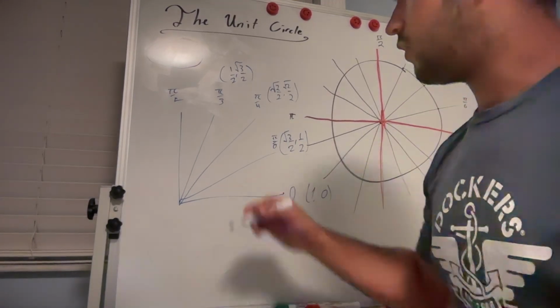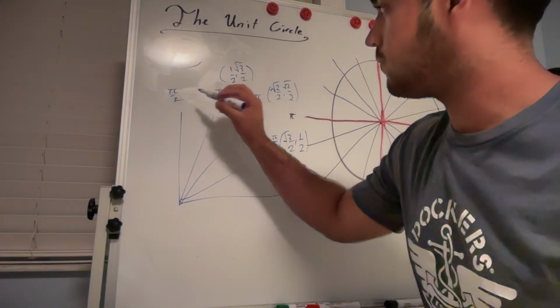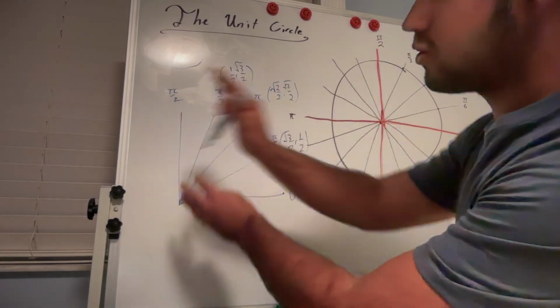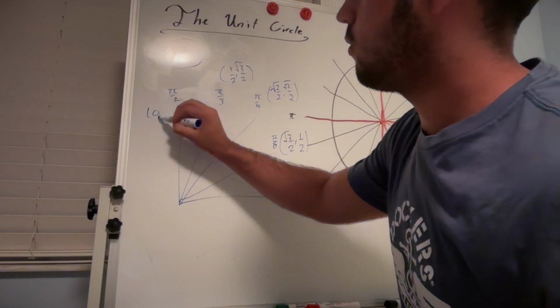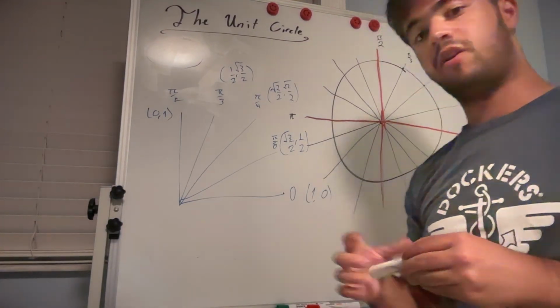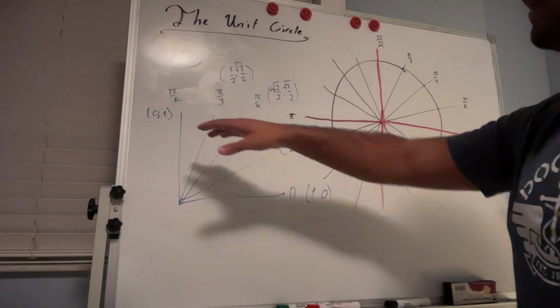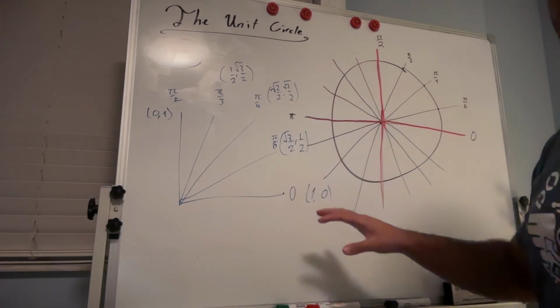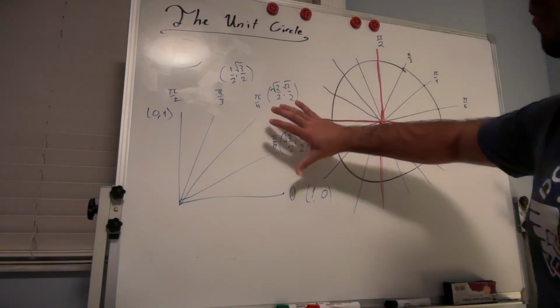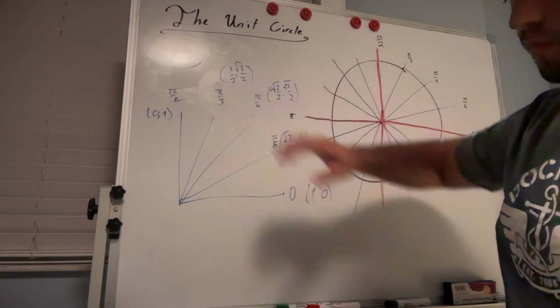And conversely, for pi over 2 radians, it doesn't go horizontal in any way. So it's just 0, 1 for pi over 2 radians. So these are very simple to follow. This is the way to memorize the first quadrant. And I know the unit circle has a lot of other points, but this is the important point to remember.